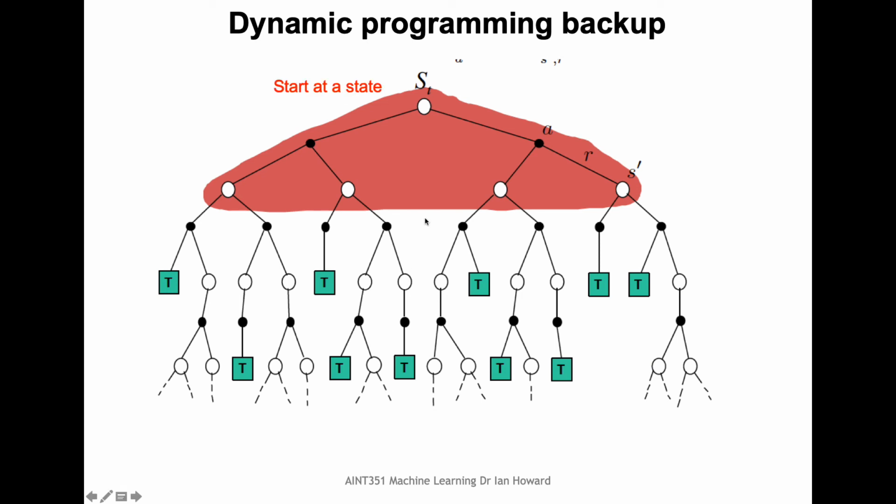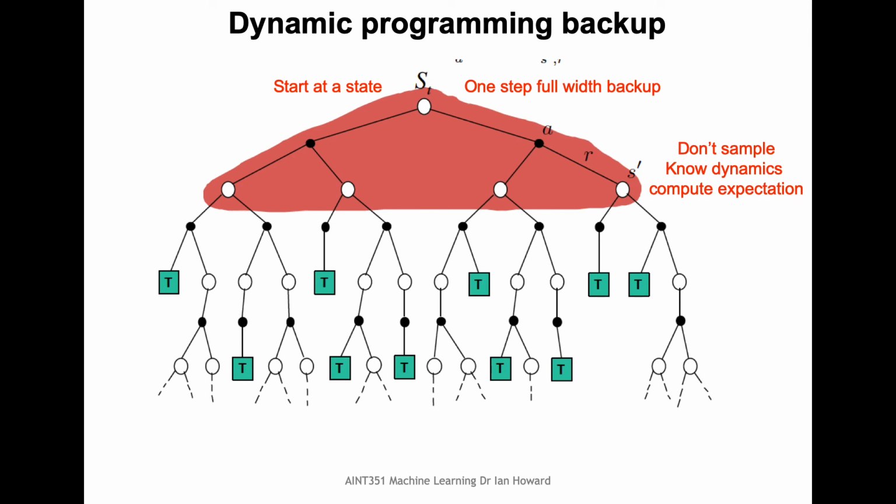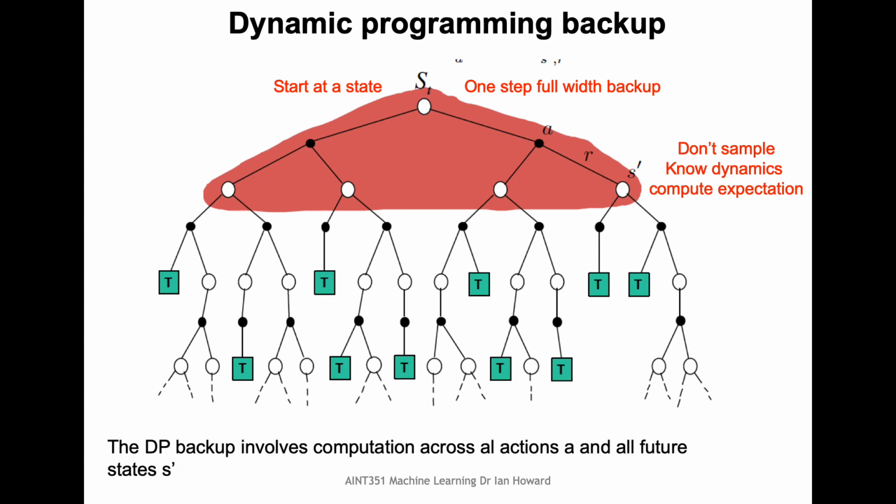When we start at state S, we do a full width backup, in as much as we look across all actions. These little black dots here are all actions, and it also looks across all future states that can occur. So this region constitutes one computational step, which is called one backup in this way of looking at things.